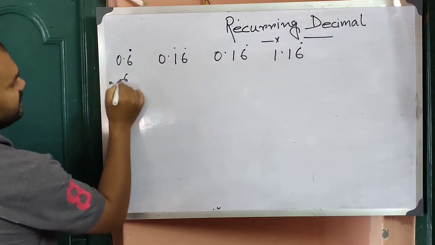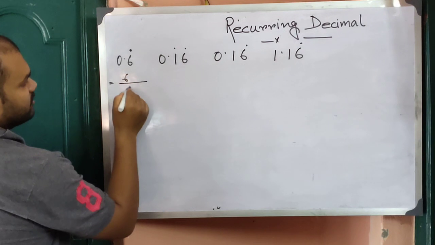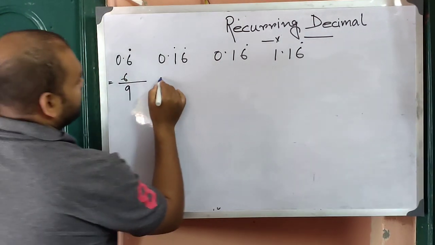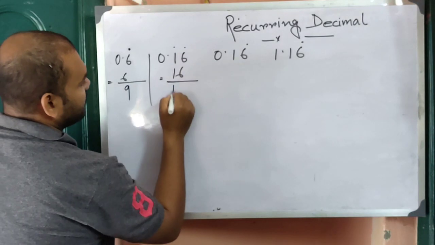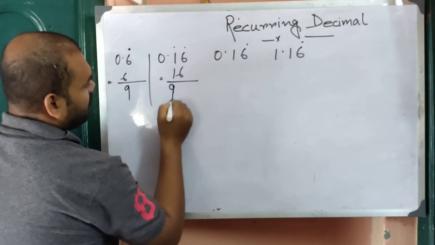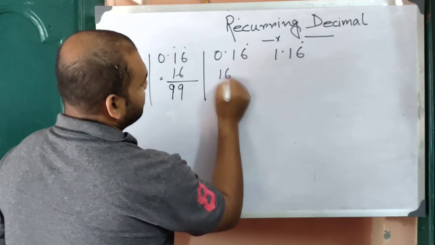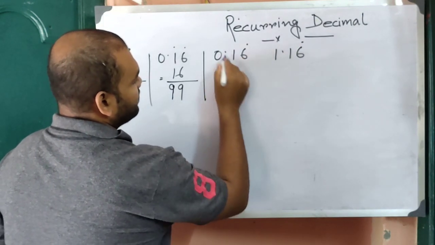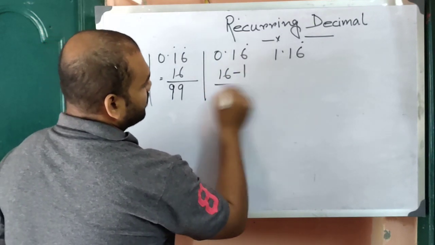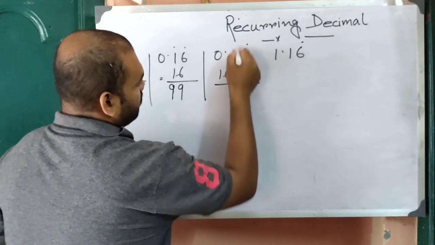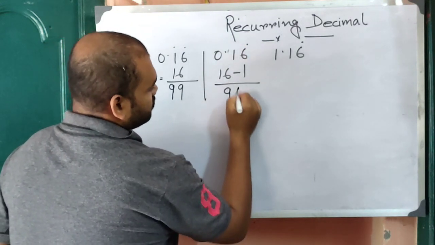In this case 6, only one digit is recurring, so only 9. But in this case you need to write 16, and how many recurring digits are there? 2, so write this. In this case you need to write 16 minus how many non-recurring digits are there after the decimal? 1, so write down 1 here, and then for recurring 9, and for non-recurring digits, how many are there? None, so 0.